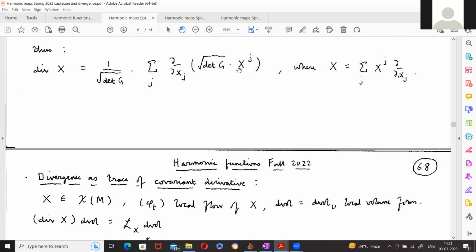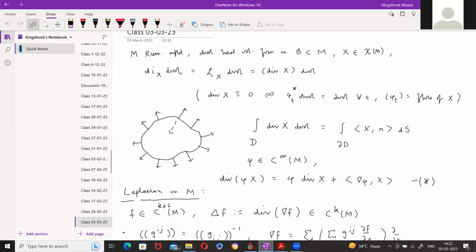Yes. Okay. So that shows you that the divergence is a first order differential operator, right? It's a first order differential operator acting on the coefficients of the vector field.